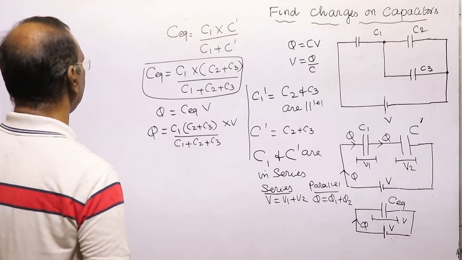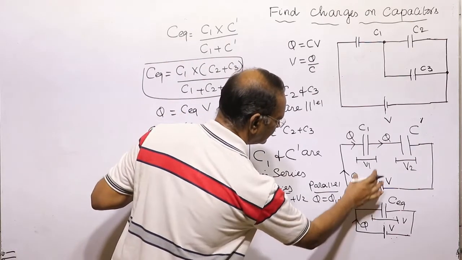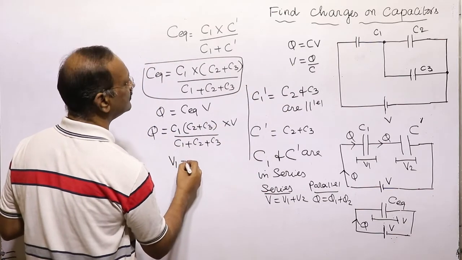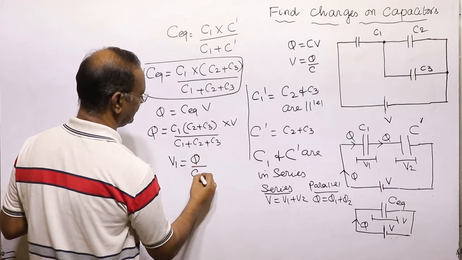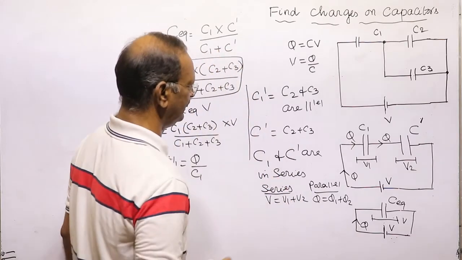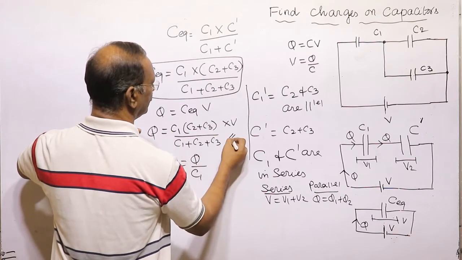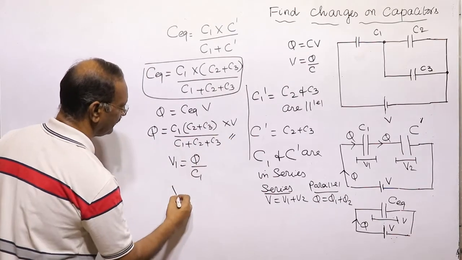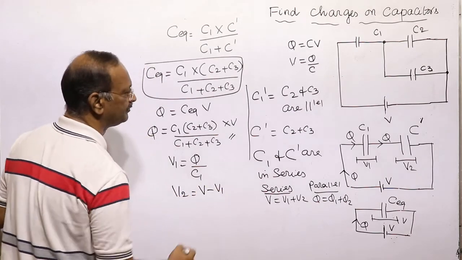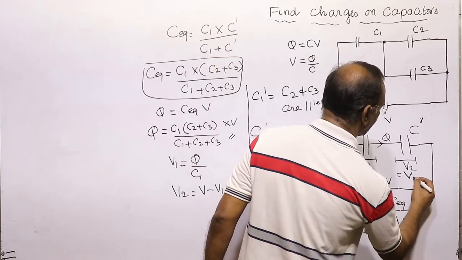So we have to find out V1. V1 is equal to the charge flowing divided by the capacitor, Q by C1, where we know the value of Q. And V2 is equal to the applied voltage minus V1.